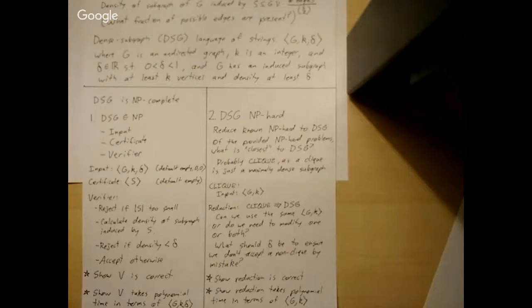Okay, question: is it correct to let the verifier reject if the input certificate is not of the expected form? Yes. Certainly if the input is not of the expected form, then it cannot belong to the language.